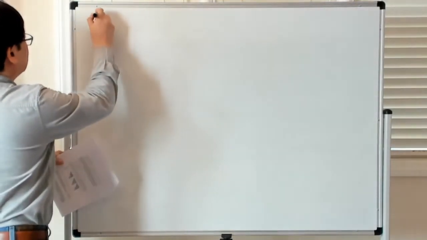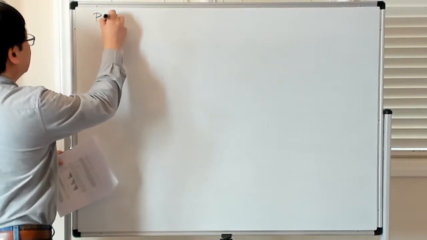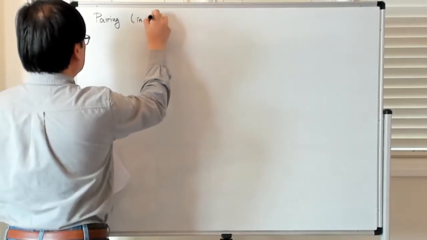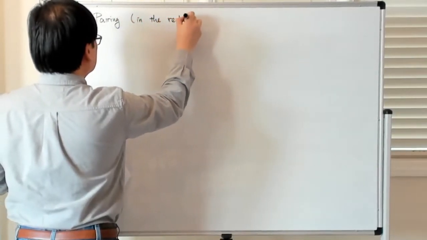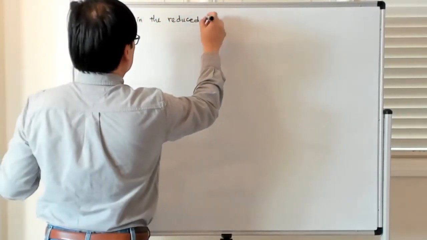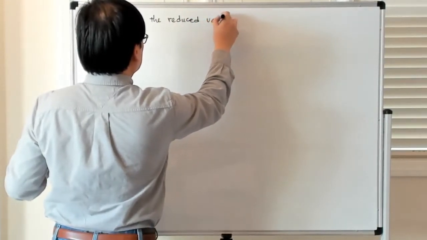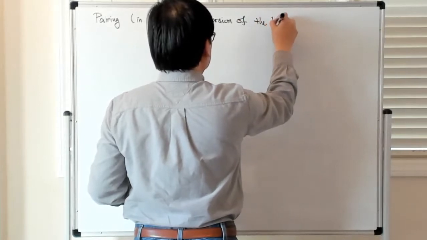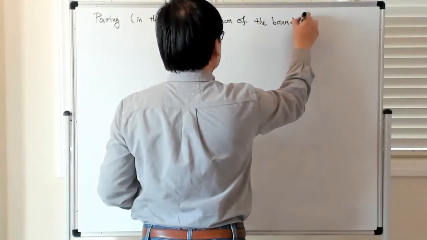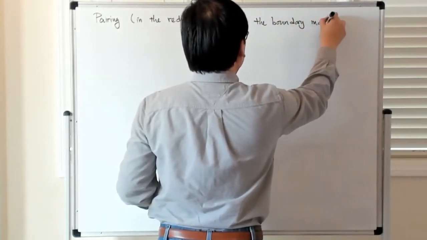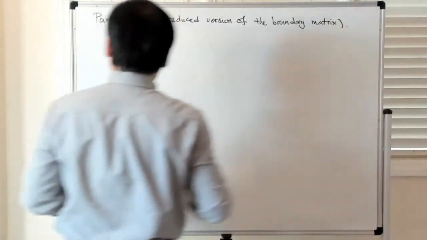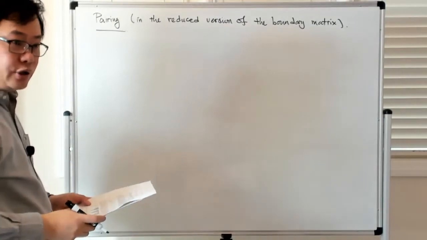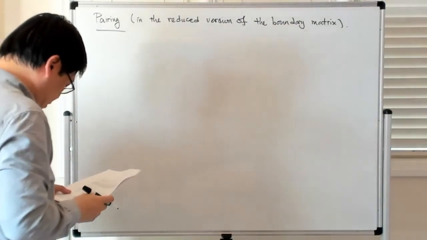Okay, so this is the notion of pairing in the reduced version of the boundary matrix, and again how it impacts this question of persistence.